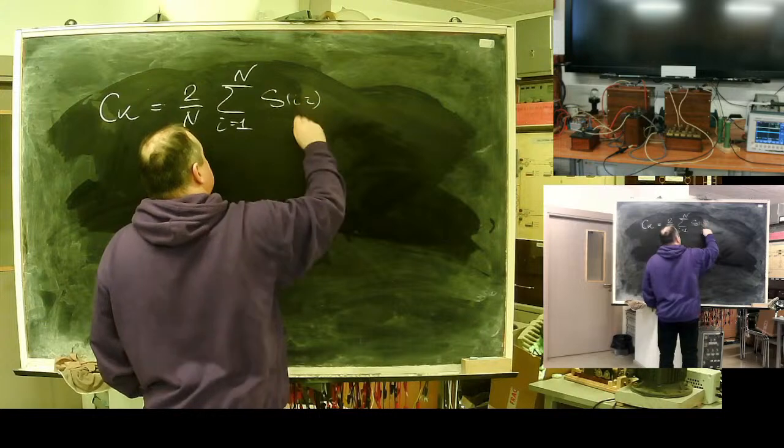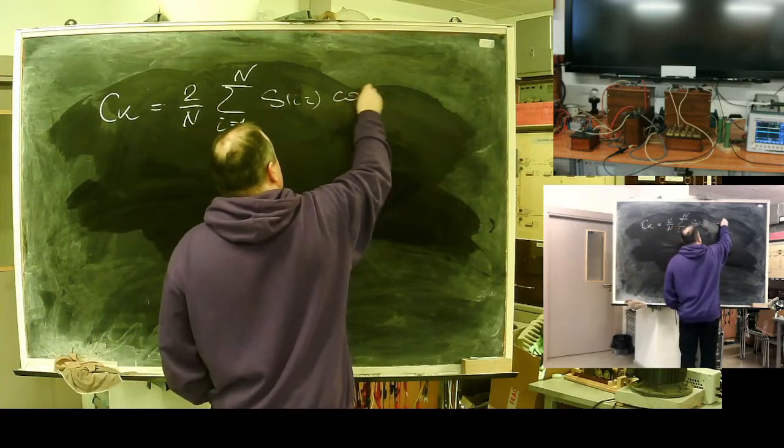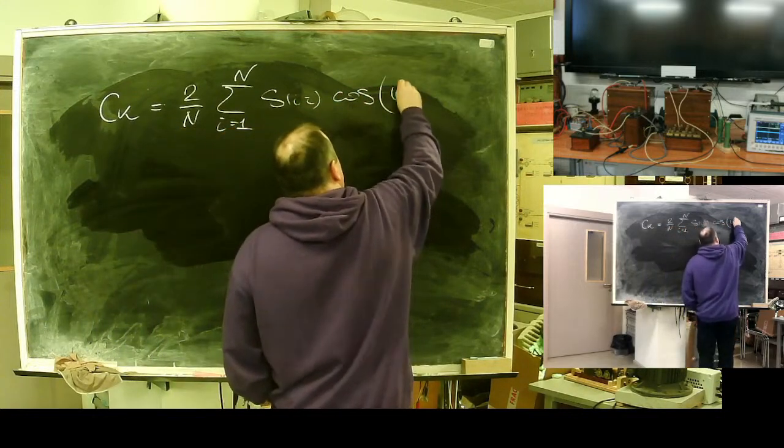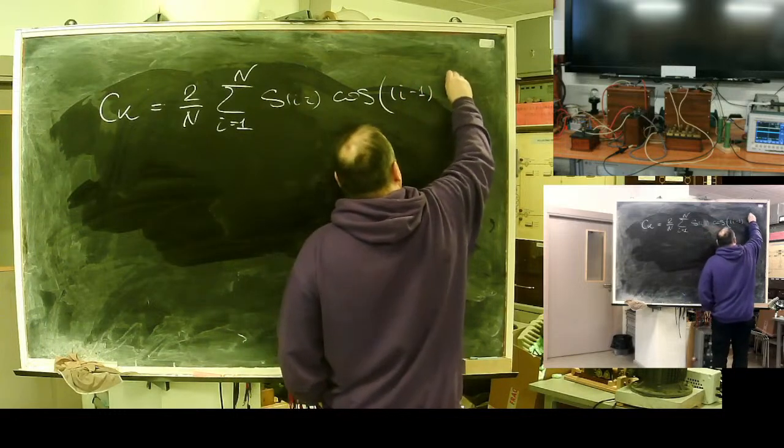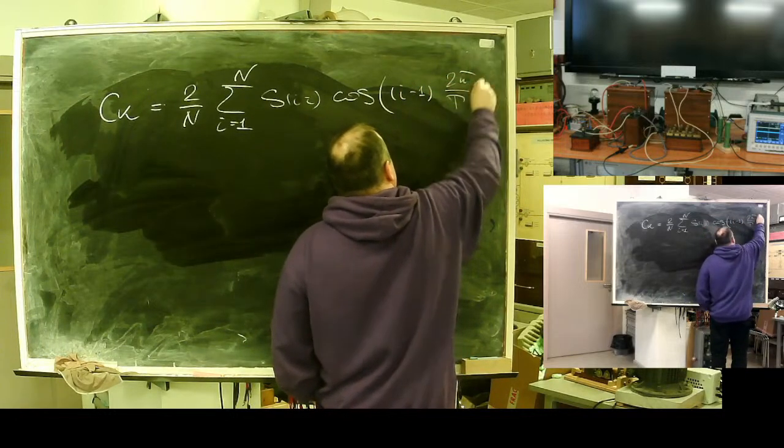Value from signal table, cosine I minus 1 double P divided by period.